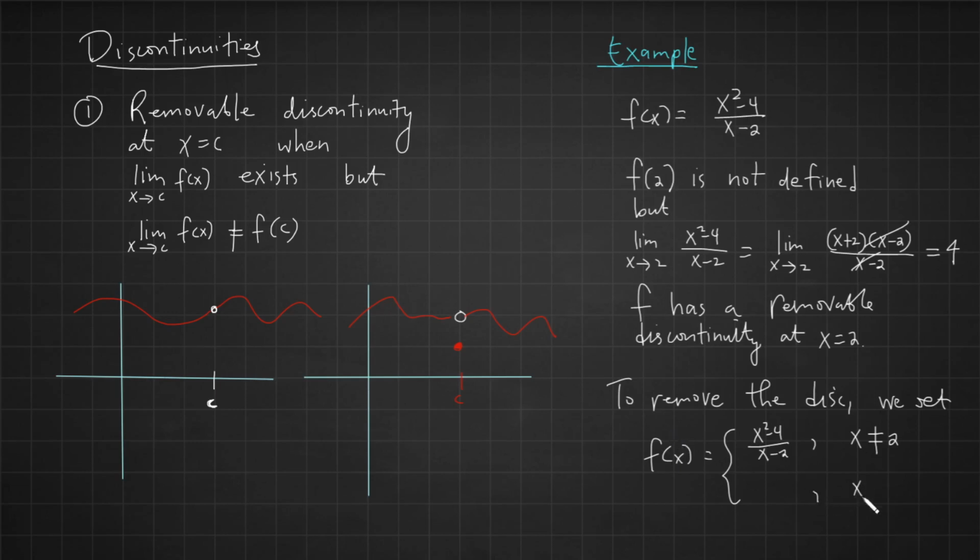But when x is equal to 2, we will define the function to be the limit when x approaches 2. And we just computed that, and it's equal to 4. Okay. So, after redefining the function, itong function na to, wala na siyang discontinuity. Na-remove na natin yung discontinuity. And in fact, this function is continuous everywhere.